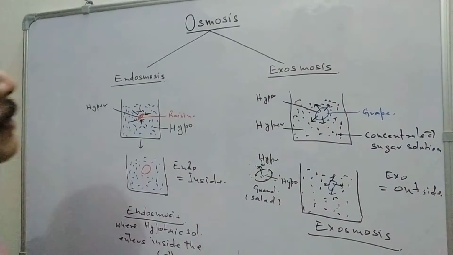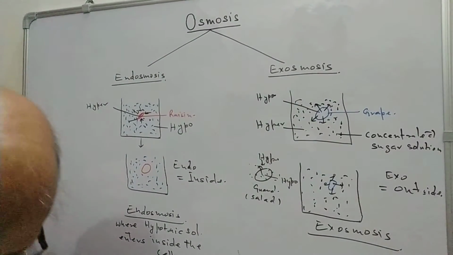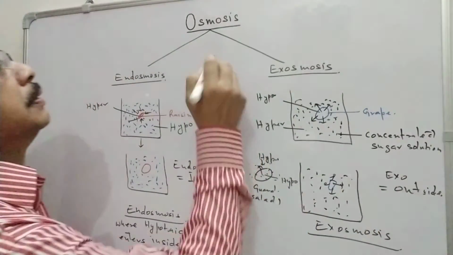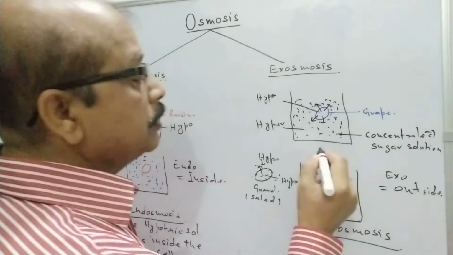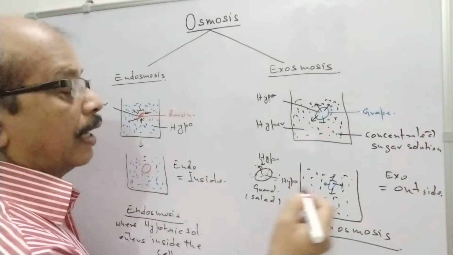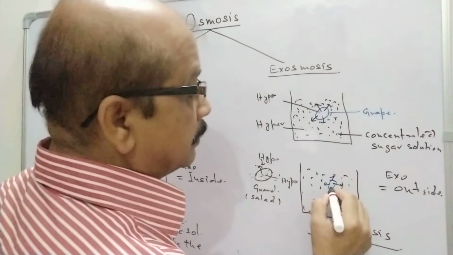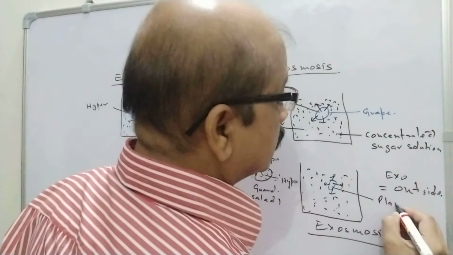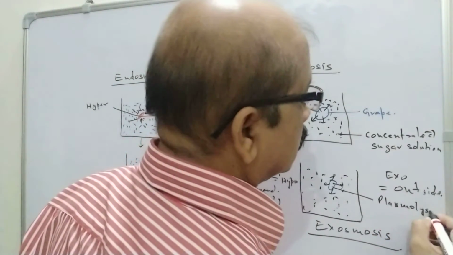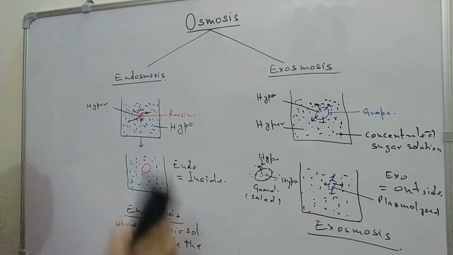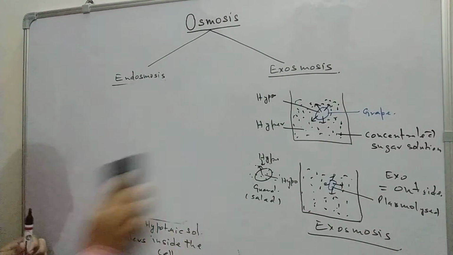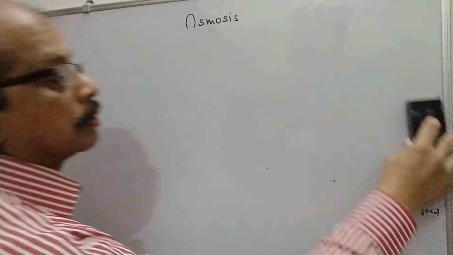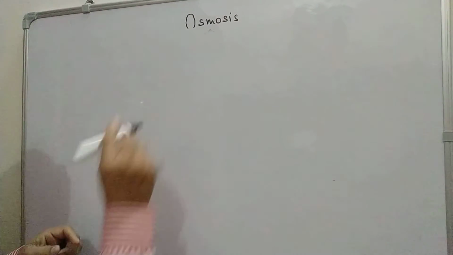What is plasmolyzed? Such cells which are put in a hypertonic solution and shrink are known as plasmolyzed.